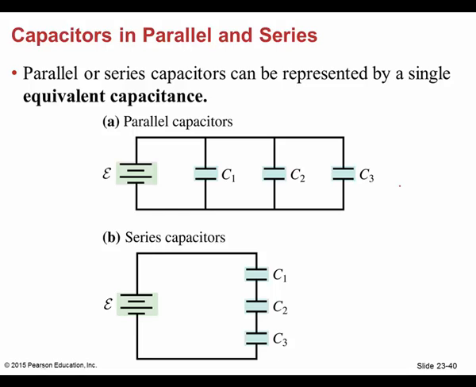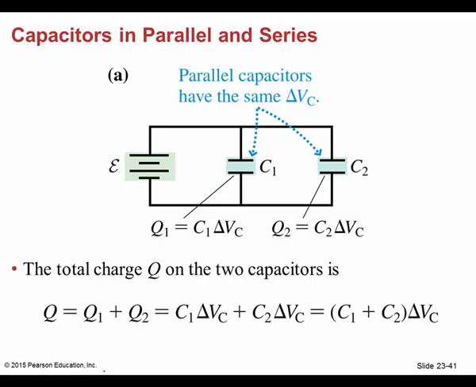You have parallel combinations and series combinations, and there are particular ways you have to calculate what we call the equivalent capacitance. All right, here we have a parallel capacitor, and notice that the total charge on 2 capacitors is equal to the sum of both capacitors, isn't it? Right?